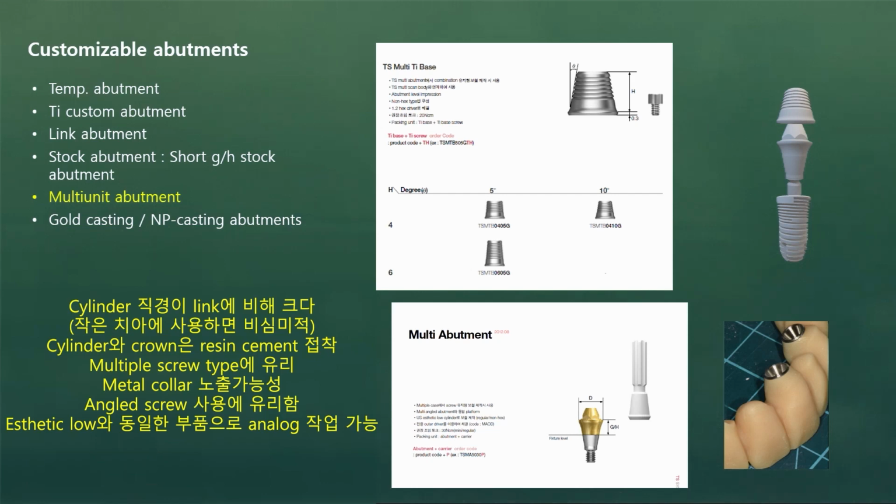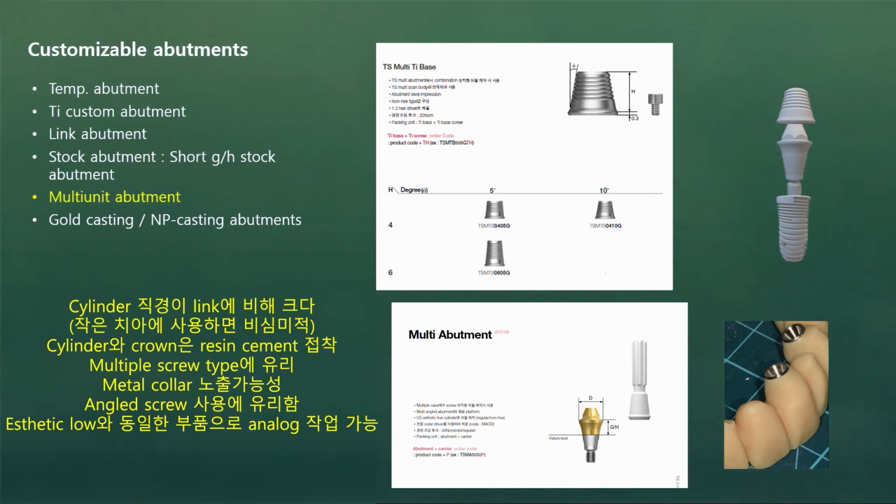So the starting point of the running room in customization, you have to start with the bigger diameter. And on top of the cylinder, the prosthesis is connected, and you can see how it's connected in the bottom photo. Metal color is exposed, so it might not look that aesthetic. So you have to be very careful in selecting the appropriate case.